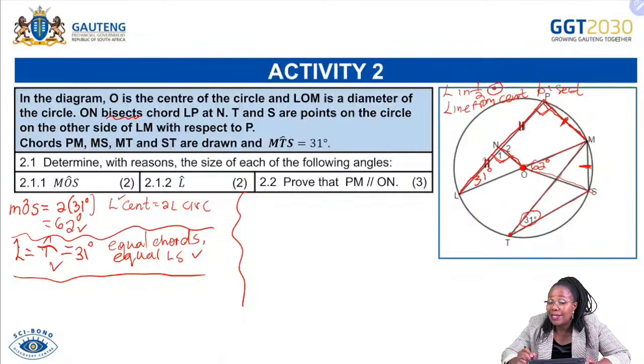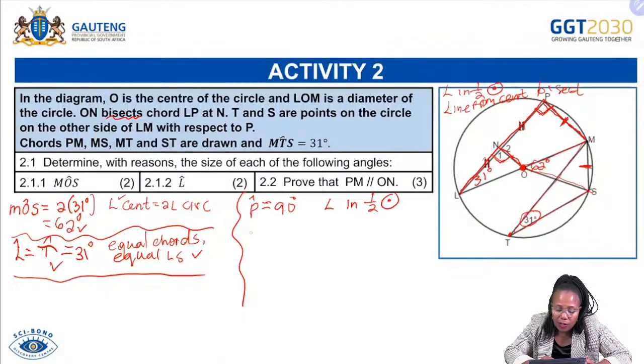Therefore, if those angles are equal, then those two lines are parallel. But you must give a statement and reason. Why are you saying this is 90? Because angle P is equal to 90 degrees because it's an angle in a semicircle.